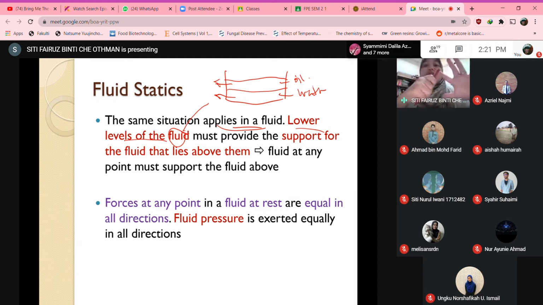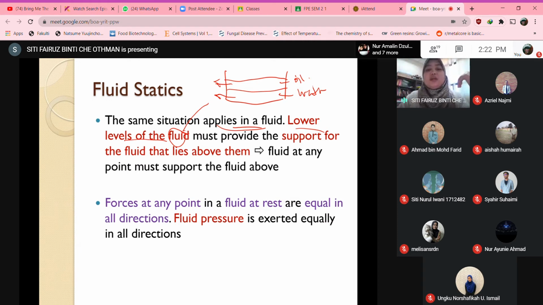Density is another very important variable in order for you to measure fluid statics and fluid dynamics. If you have different densities, these two types of raw materials will exert different types of pressure. That's the thing you need to bear in mind.